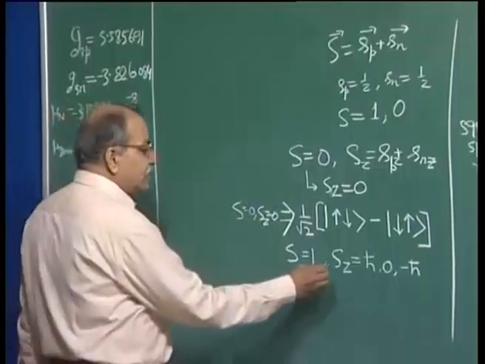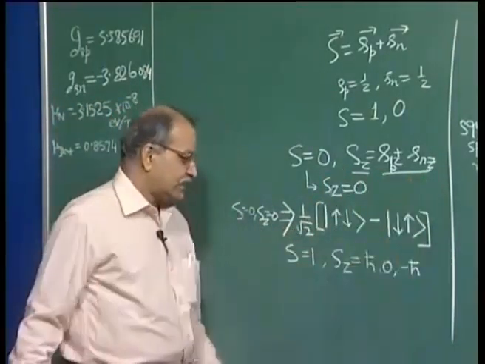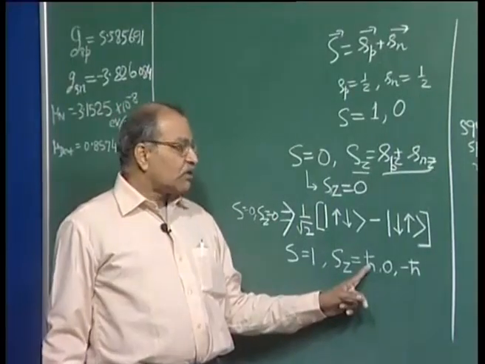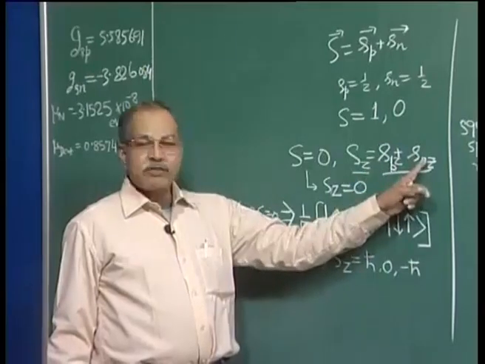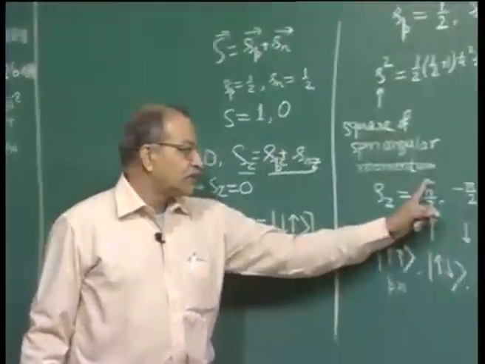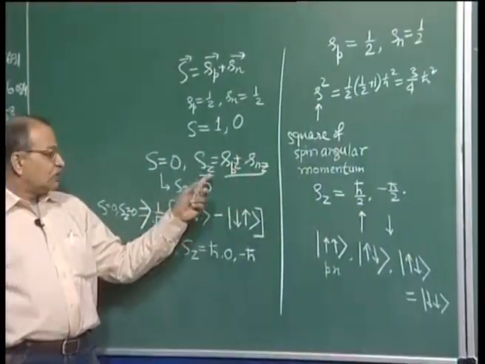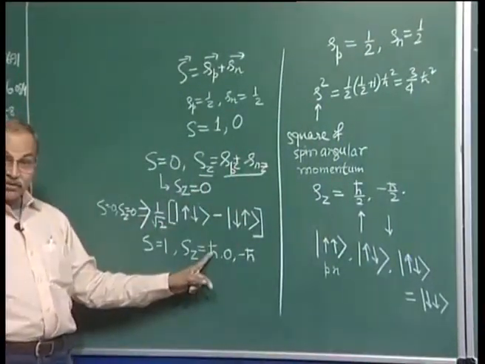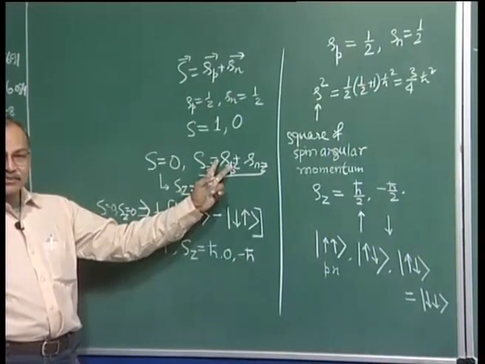One is when Sz is ħ, and remember Sz is Spz plus Snz. So, if this is ħ, both of them have to be ħ by 2 plus ħ by 2. It can be ħ by 2, it can be minus ħ by 2 for a single nucleon. So, if the total has to be ħ, both of them should be in plus ħ by 2 state.